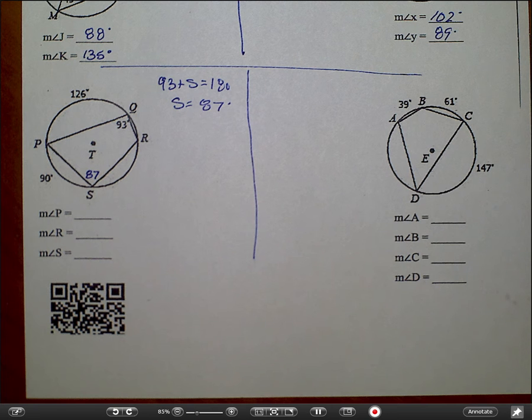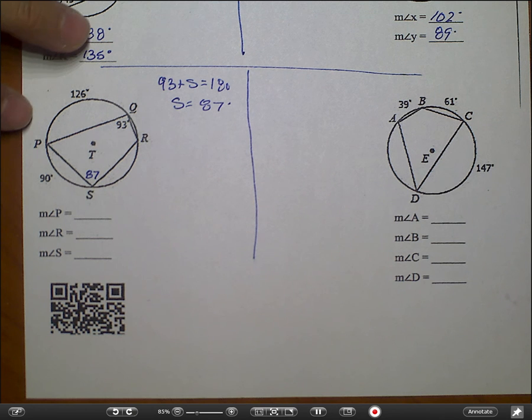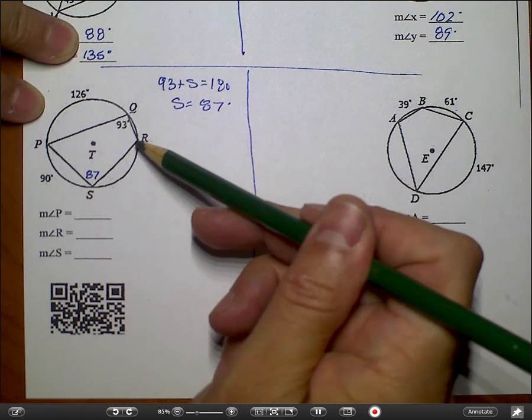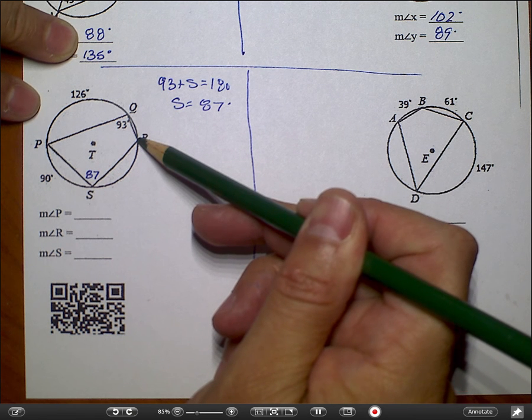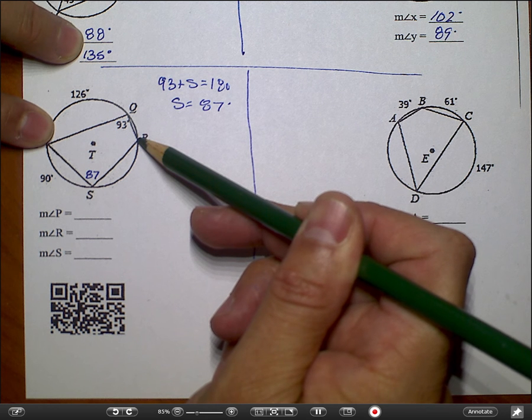All right, so now I'm going to use the pizza crust on this next one. So I'm going to show you guys. We have angle R right here, isn't it? What are the endpoints of angle R? Sebastian, please pay attention up here.